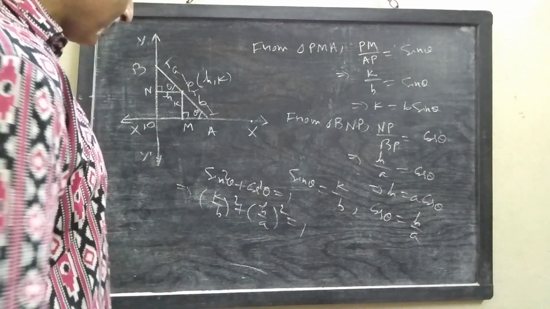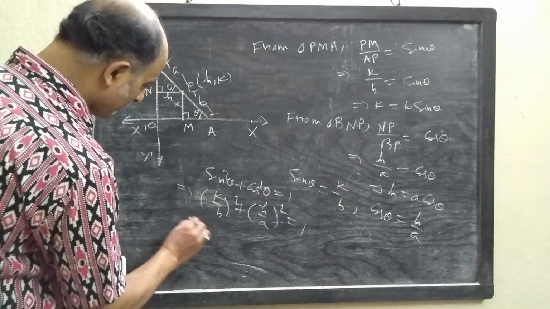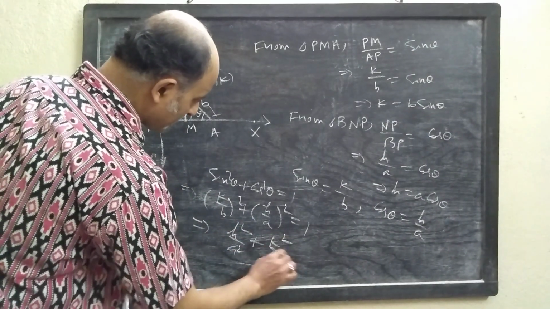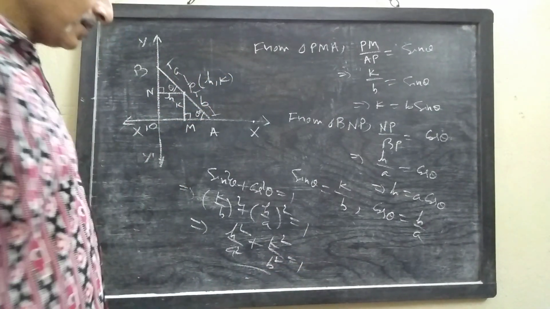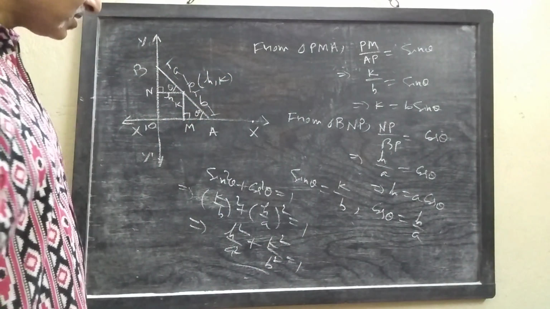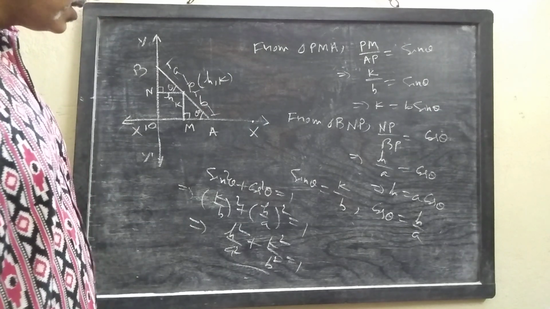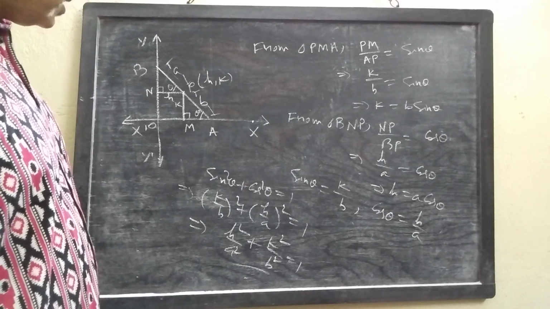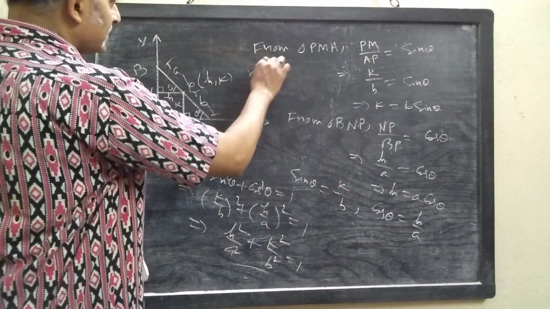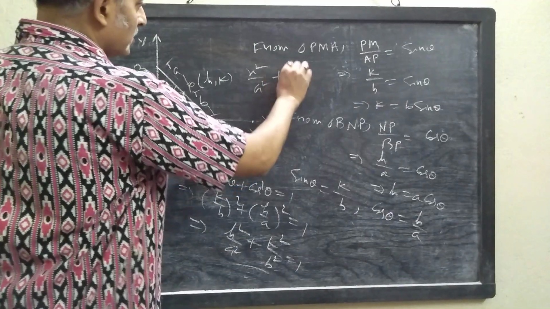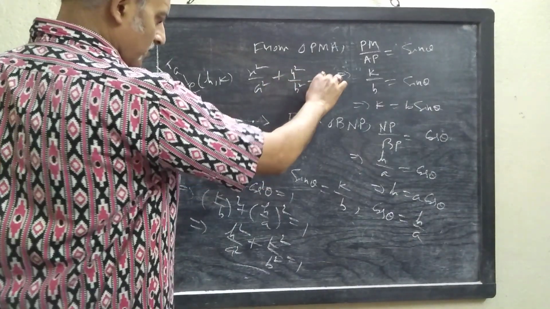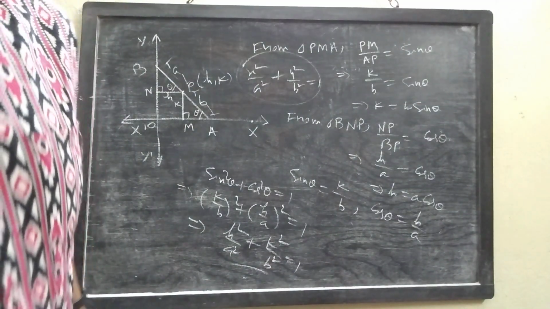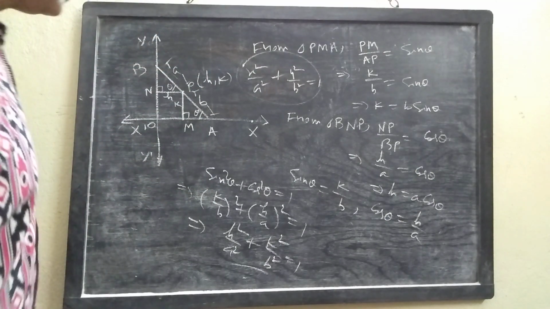So we ultimately find h square by a square plus k square by b square equals 1. In the fourth step we just substitute h by x and k by y. So hence the equation to the locus of the point P is x square by a square plus y square by b square equals 1. This is the equation of an ellipse. You will see in later classes this will be an ellipse.